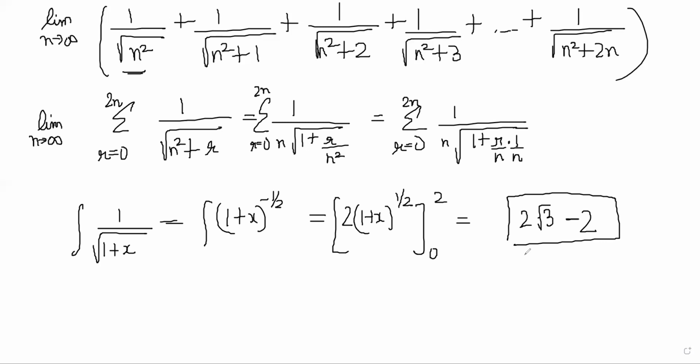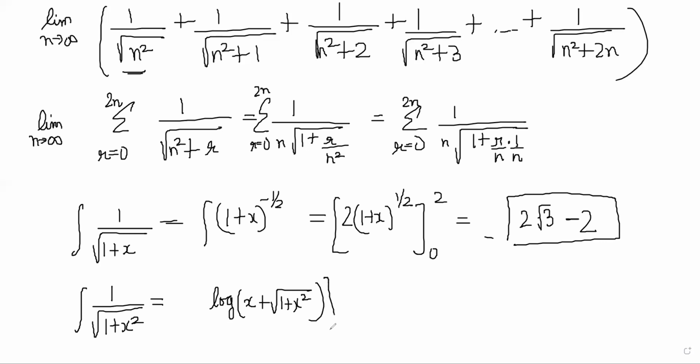Okay, so then I will check 1 by root over 1 plus x squared. In that case, your integral becomes log of x plus root over 1 plus x squared. This is a standard integral; you don't have to worry about it right now. And 0 to 2 becomes log 2 plus root 5.